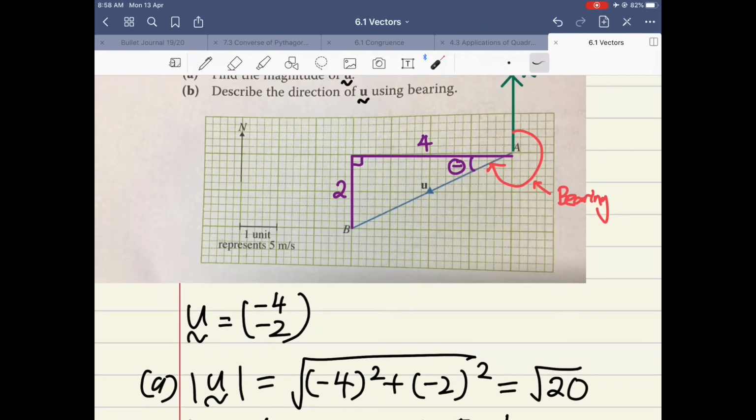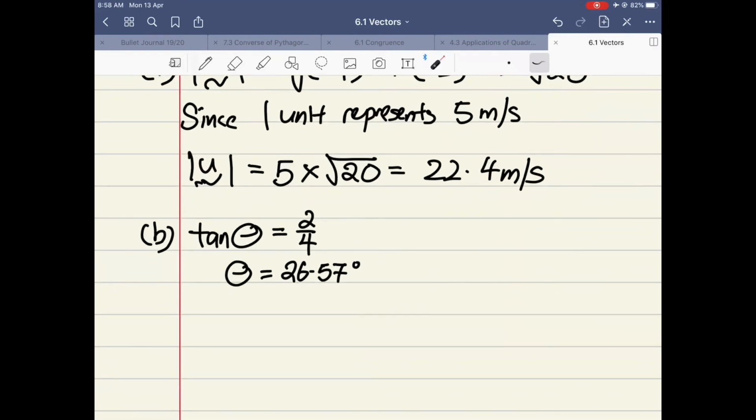So what I do here is this. If you look here, to get this angle in red, you take note that from here to here, this is 270 degrees. So I take the 270 degrees, I minus away this angle theta, which I found to be 26.57. It will give me the bearing, which is 243.4 degrees.